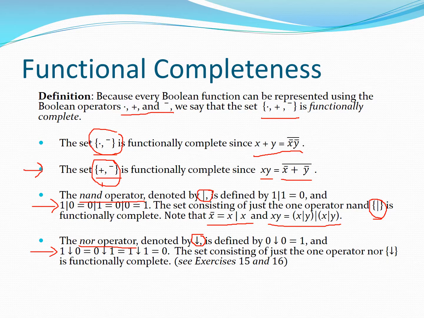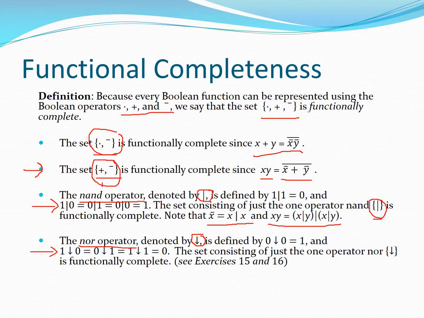Once again, look carefully. NOR is nothing but your negative OR operator. That means it's what you get when you find the OR of two variables and complement it. So the NOR operator is your negative OR operator.